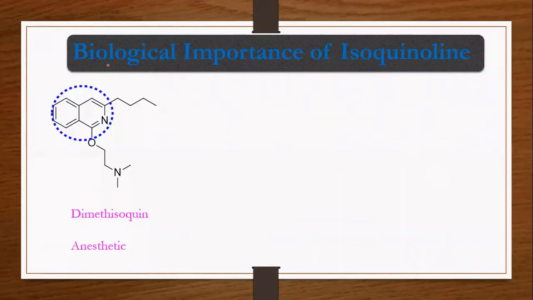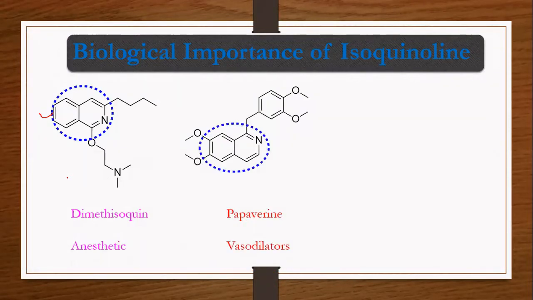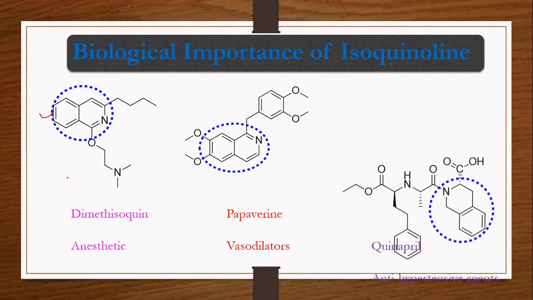Another, we'll see the biological importance of isoquinoline. Actually, the isoquinoline is a structural isomer of quinoline. Here, this ring, which is shown by blue color dotted circle, is the ring of isoquinoline. Now, this molecule is actually a drug molecule. Name is dimethisoquin, which is used as anesthetic. Another molecule is papaverine, which can be used as vasodilator.